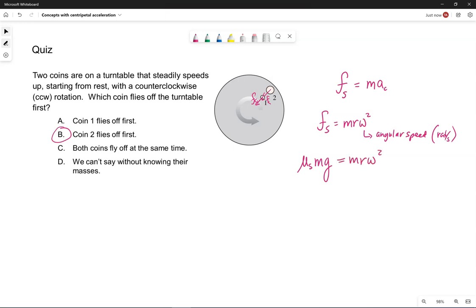So I can set this up. This omega represents the maximum angular speed or rotation rate, you can think of it that way, before the coins slide off.